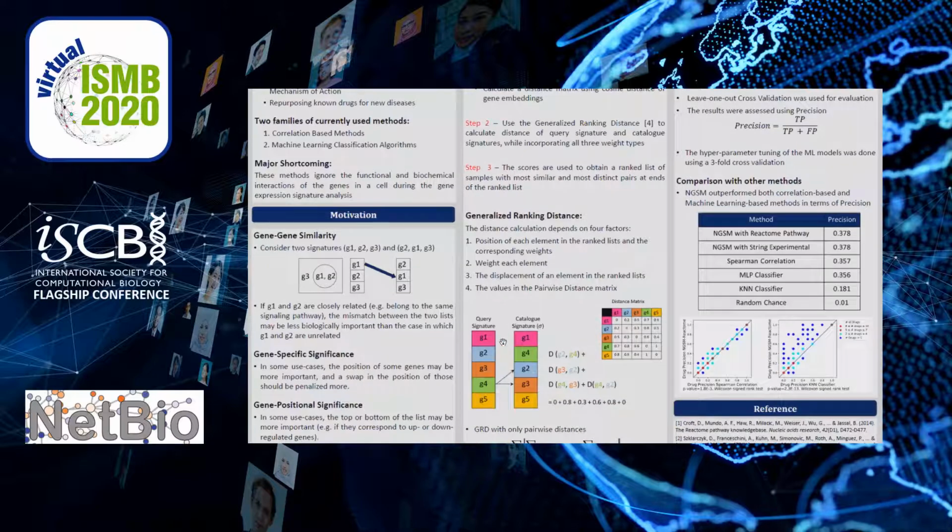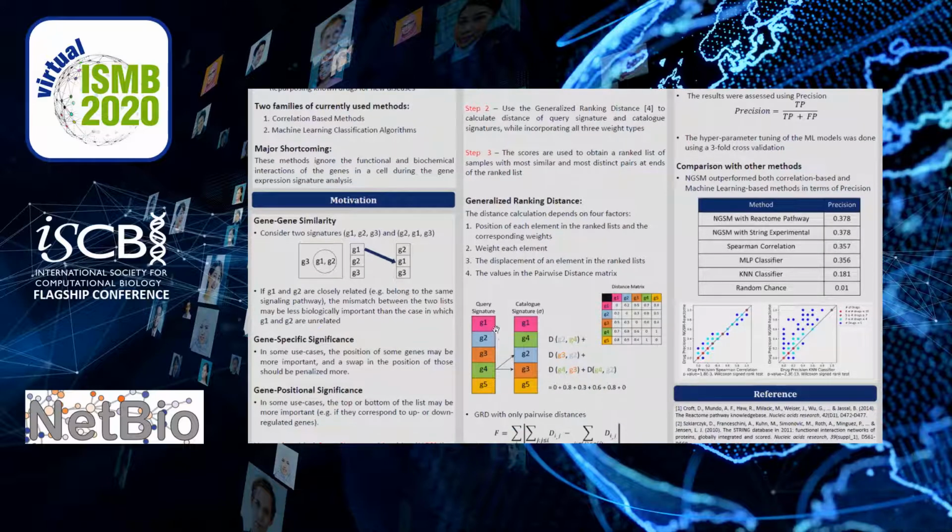Consider 2 lists to be compared: the query signature and catalog signature, consisting of 5 elements each. Since the corresponding position of G1 in both the lists is the same, for the first element the distance is 0. The next element G2 has been displaced by 1 position and it has been swapped by G4. Hence, the weight of swap is obtained from the distance matrix as pointed and is added to the calculation.